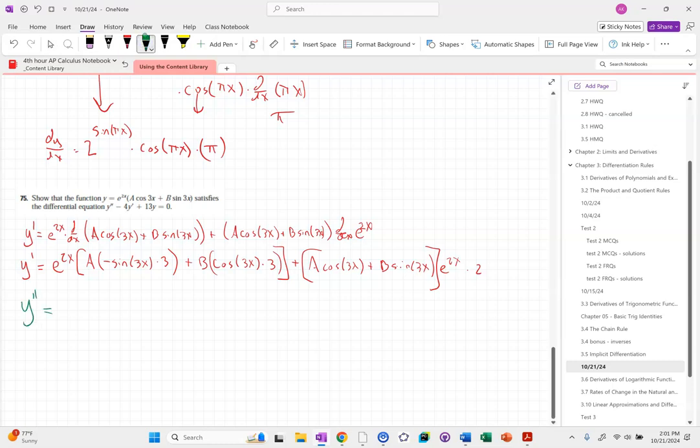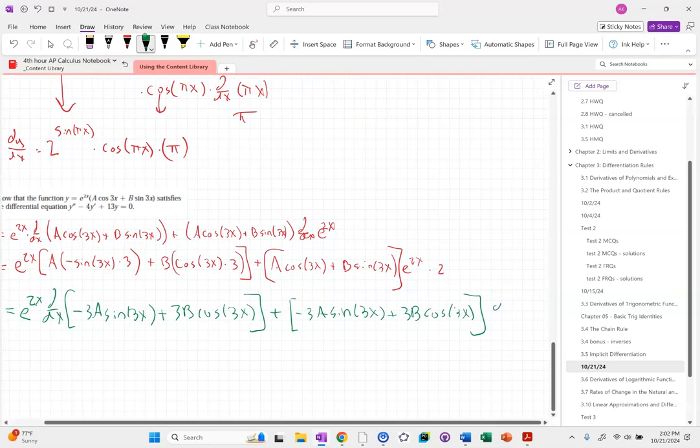Let's change colors here, and we'll do a second derivative. So I'm going to have e to the 2x times the derivative of negative 3a sine 3x plus 3b cosine 3x, and then I have negative 3a sine 3x plus 3b cosine 3x times the derivative of e to the 2x, and then plus I have my second piece.